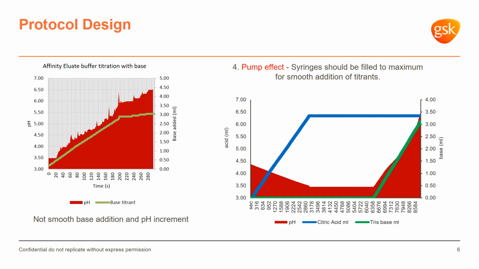Hence, we went into some problem solving and found that the dosing units used on the EasyMax system use a syringe pump, and those syringes have to be filled to the maximum level in order to achieve a smooth dosing rate. In the experiment on the left hand side, we had some air-liquid interface and air bubbles in the syringe, which resulted in the choppy response. Once we corrected for those issues, we were able to achieve the smooth response that you see on the right hand side.